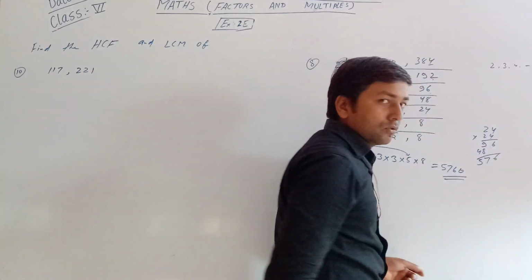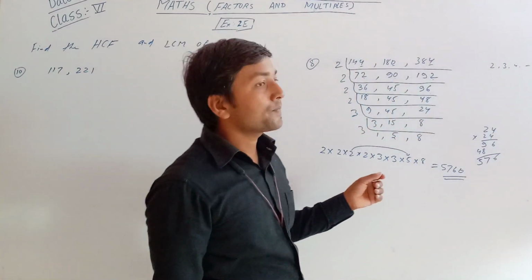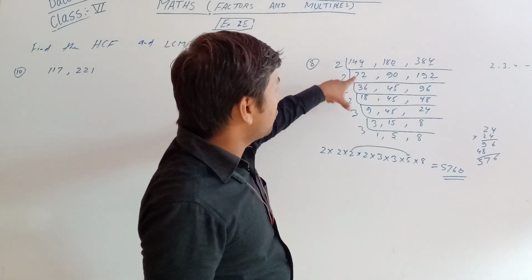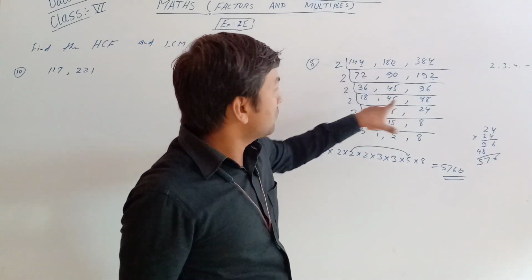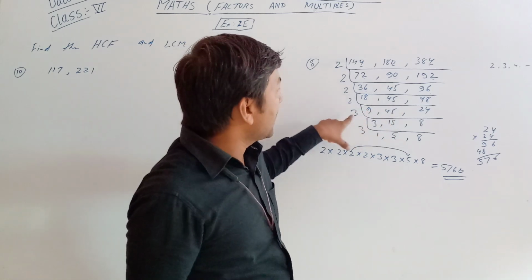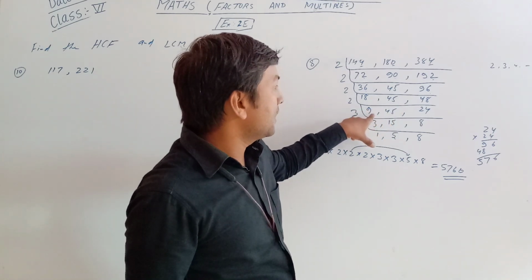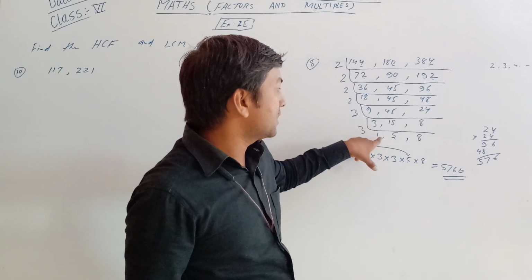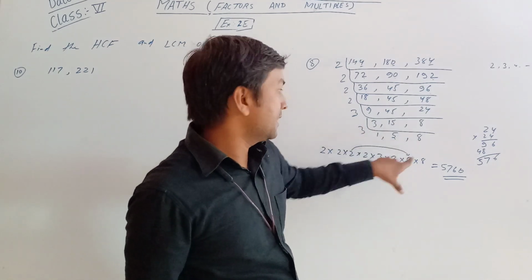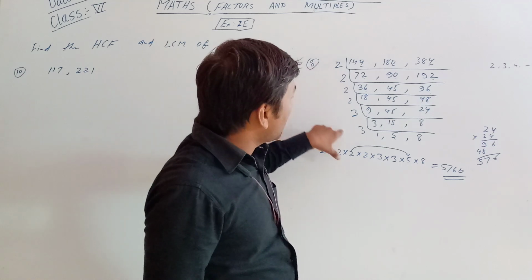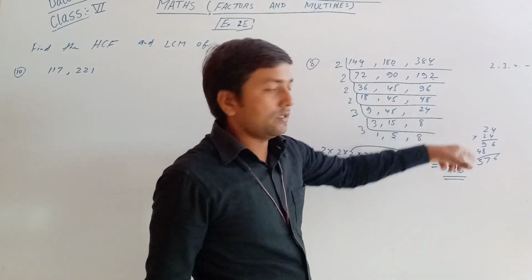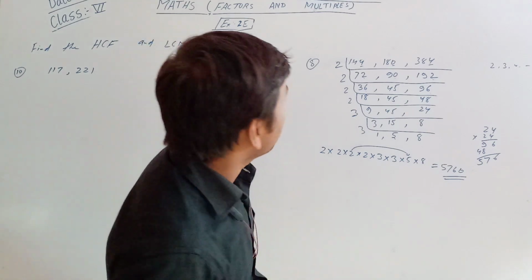In increasing order we have to take. So by 2 again we divide, we got this one, and by 2 again this, and by 3 here we divide, and at last by 3 we got this one, 15 and 8 here, and when we multiply all these numbers we got these numbers. Okay, now we move on.